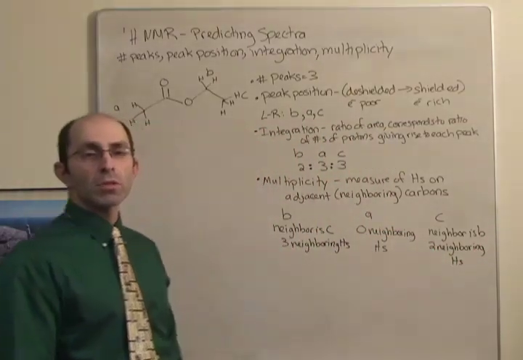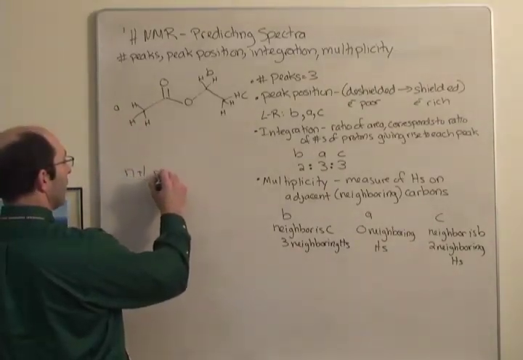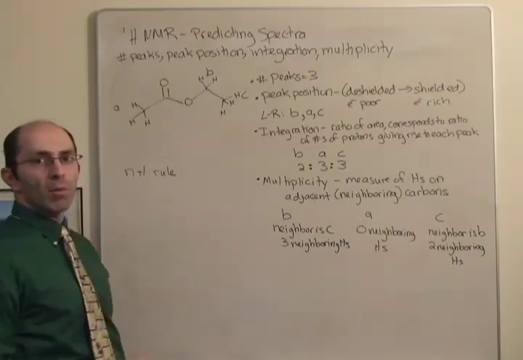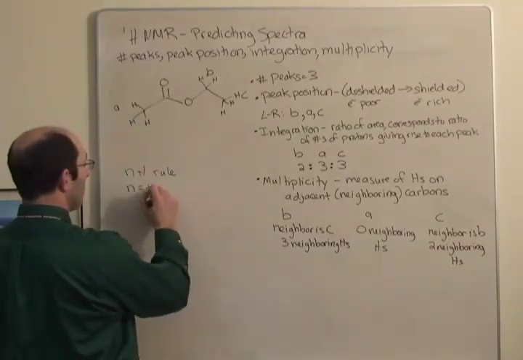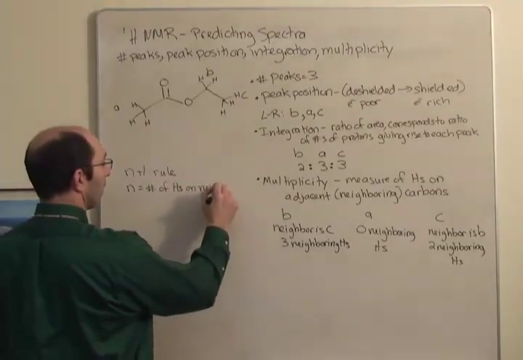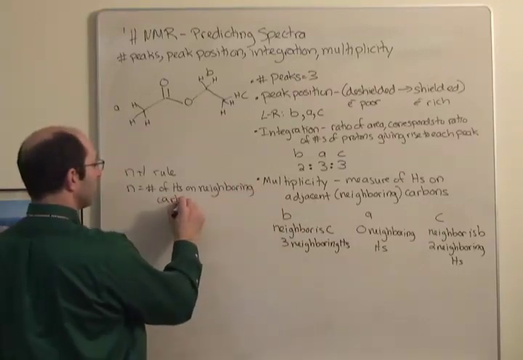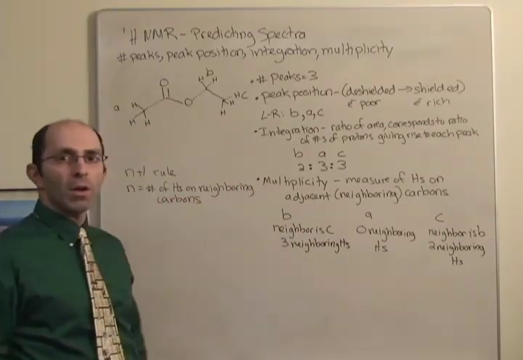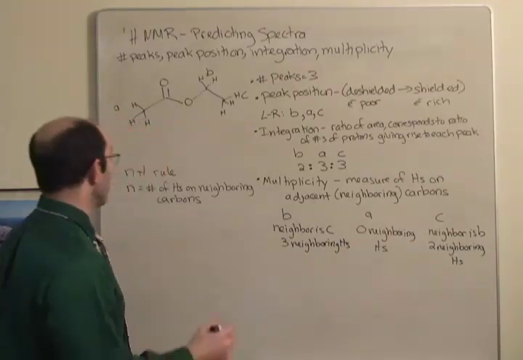All right, now what do we do with that? What we do with that is use the n+1 rule. All right? So that's the key for multiplicity, the n+1 rule. All right? And what that says is n equals the number of H's on neighboring carbons. And this will tell you the number of lines that your peak is split into. All right?